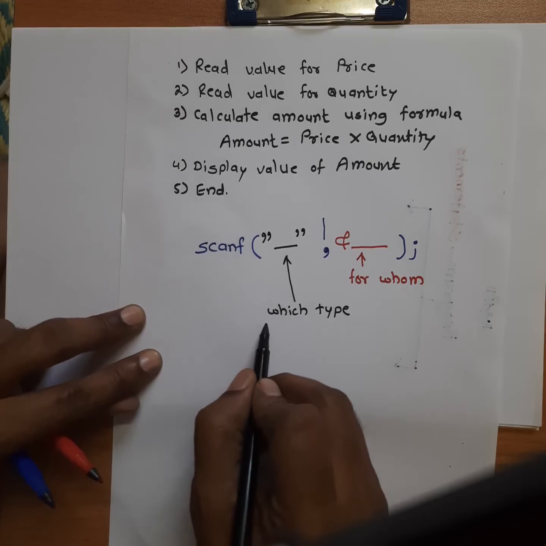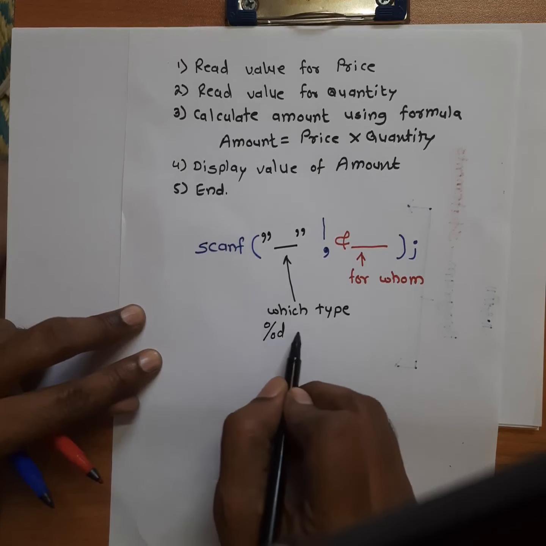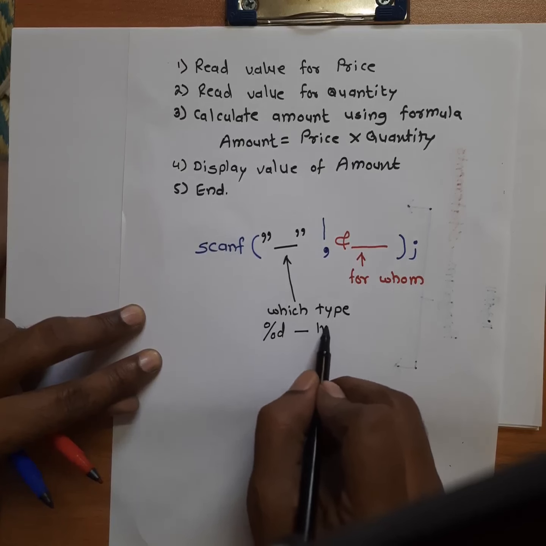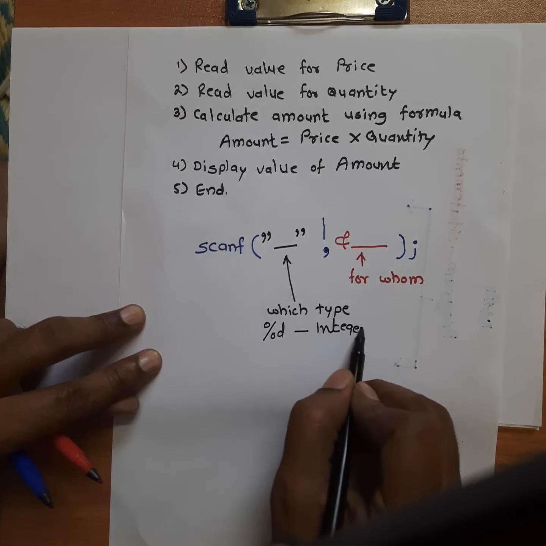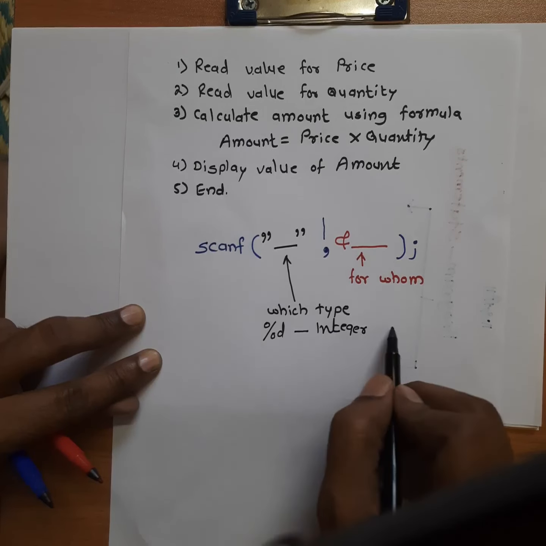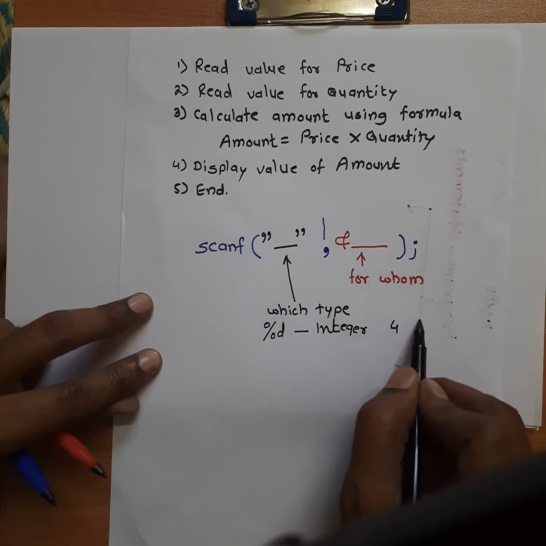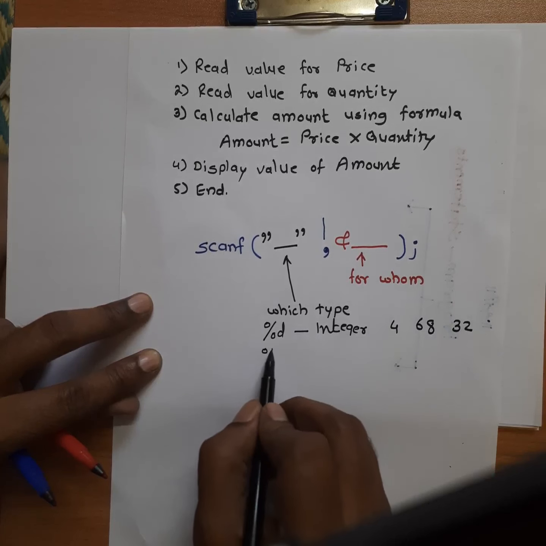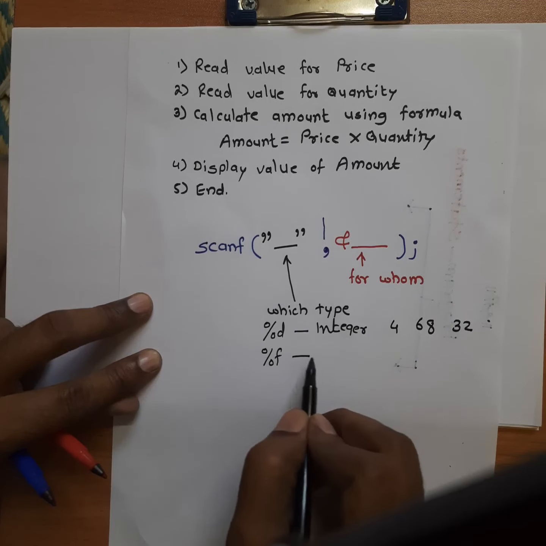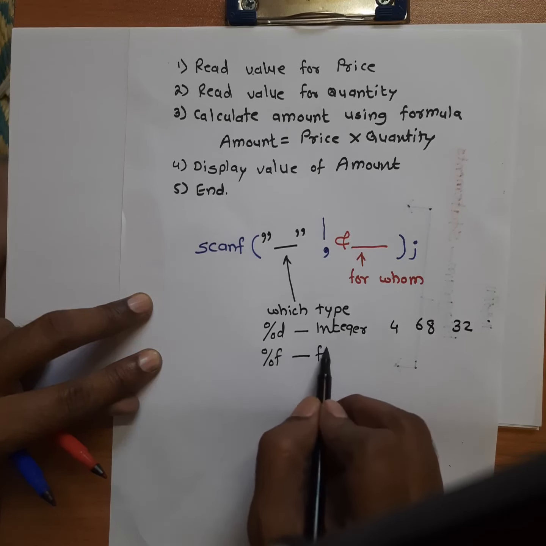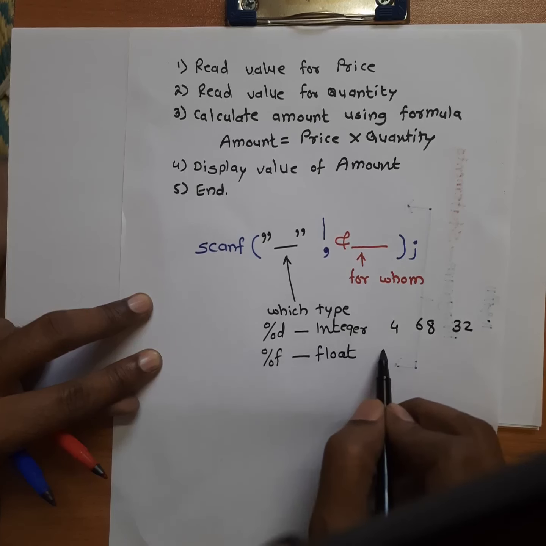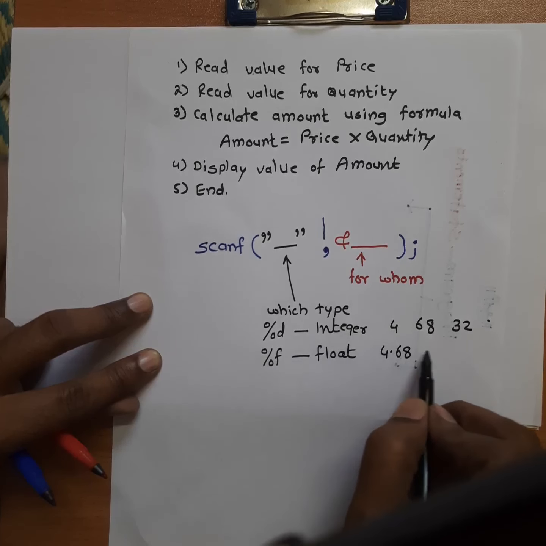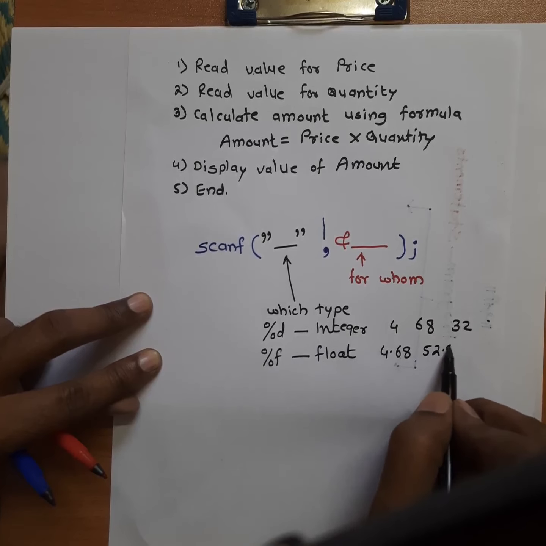So if we want to read an integer number, we use %d for an integer number, like a number without a decimal point: 4, 68, 32. Or we use %f for a float number like 4.68, 52.50.